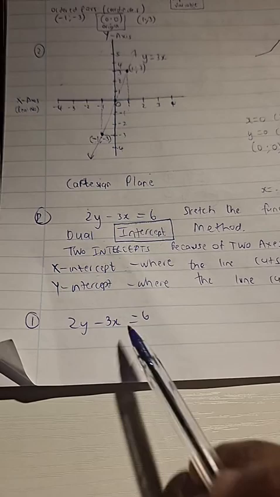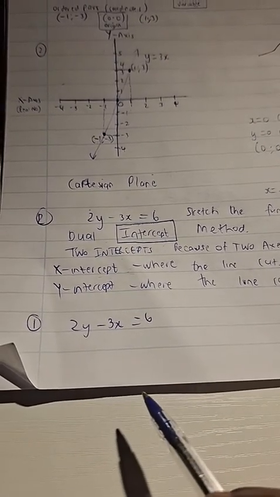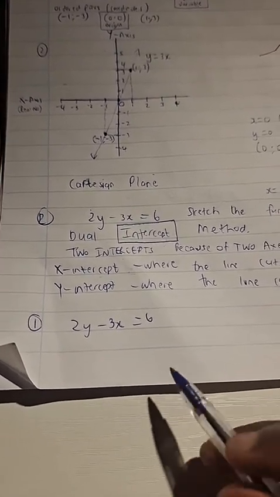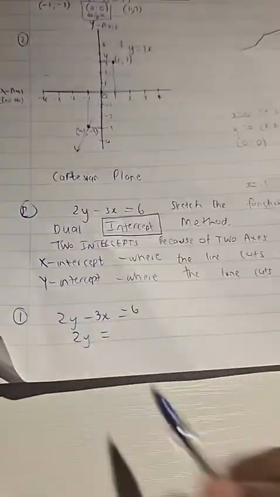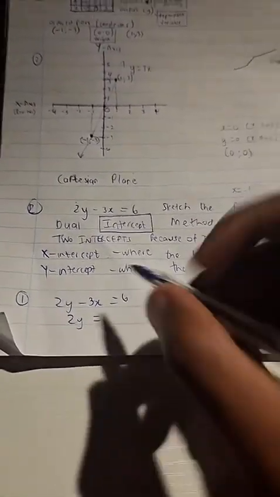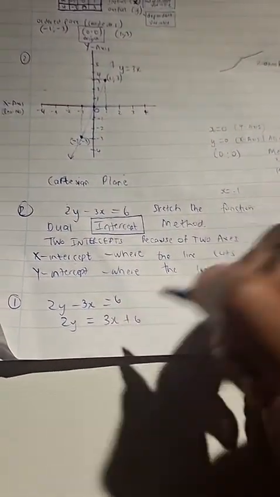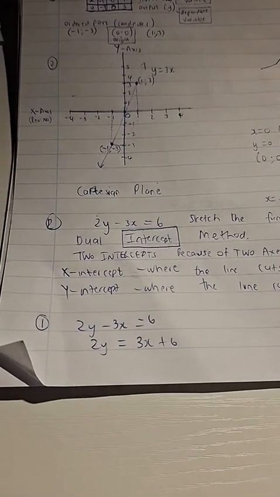We want to get this into standard form, guys. Remember? Yes, transpose negative 3x to the right-hand side. Very true. What happens when you transpose negative 3x to the right-hand side? This becomes positive 3x plus 6.